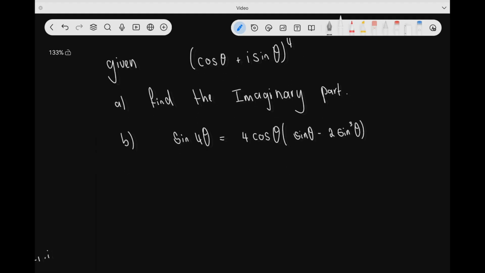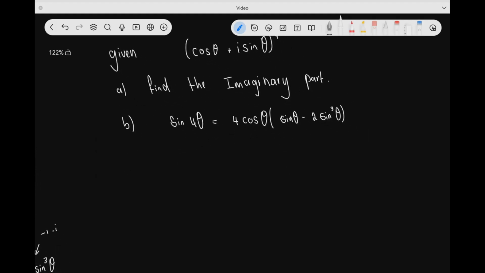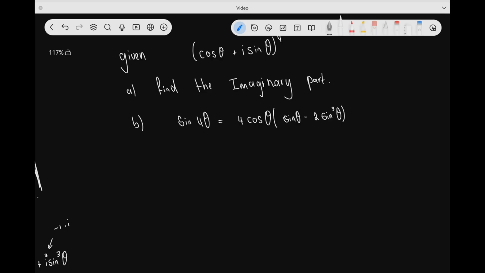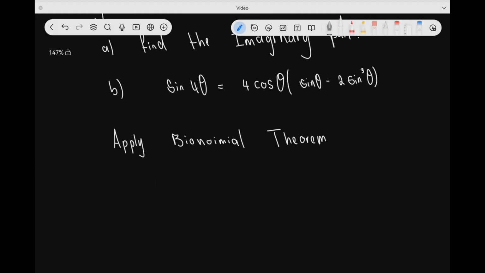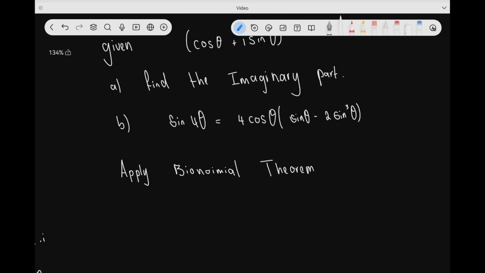So first things first, let's apply the binomial theorem. I think I spelled that incorrectly. Binomial. Oopsie. So apply the binomial theorem for the following.